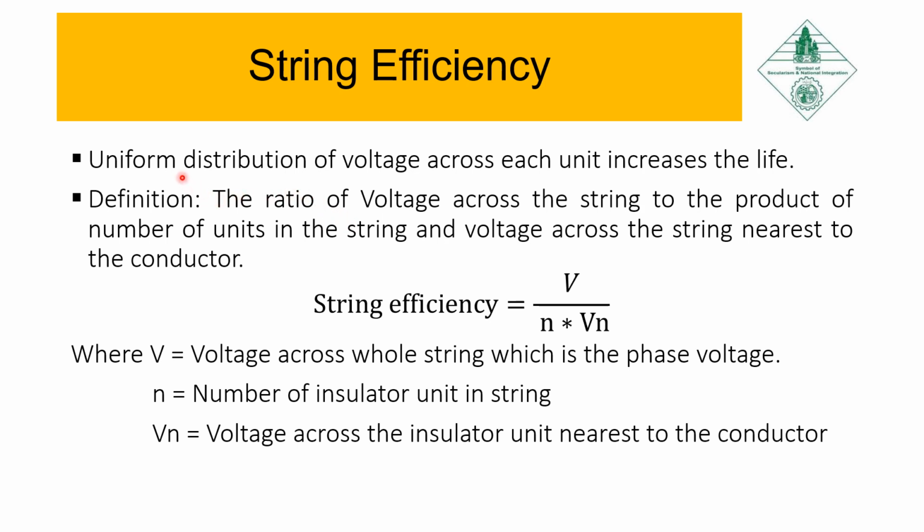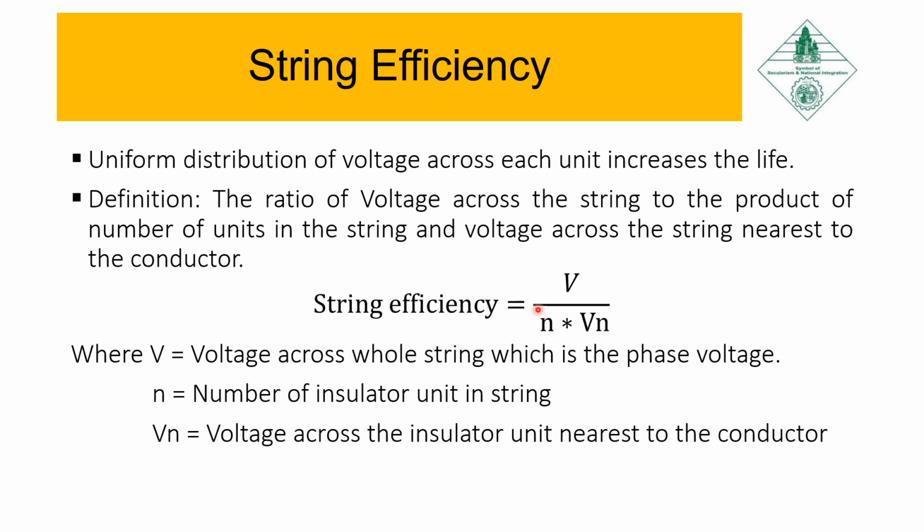Therefore, uniform distribution of voltage across each unit increases the life of the string. Therefore, a term called string efficiency is used to identify the life of the string. It is defined as the ratio of voltage across the string to the product of number of units in the string and voltage across the unit nearest to the conductor.